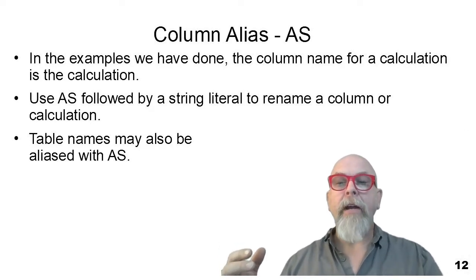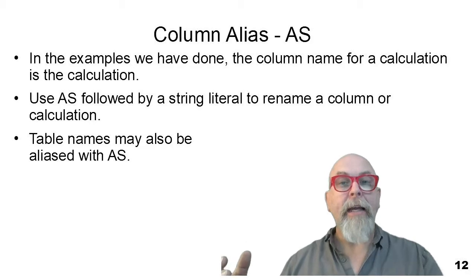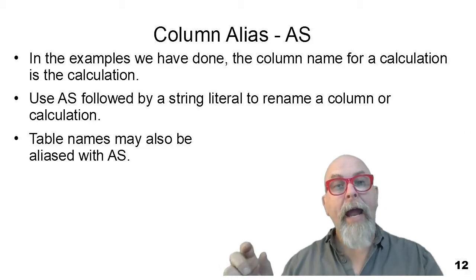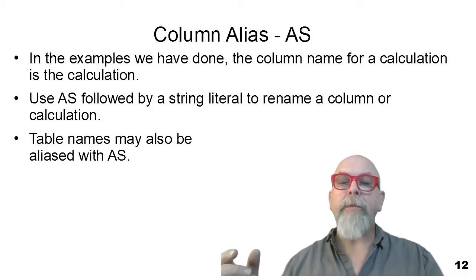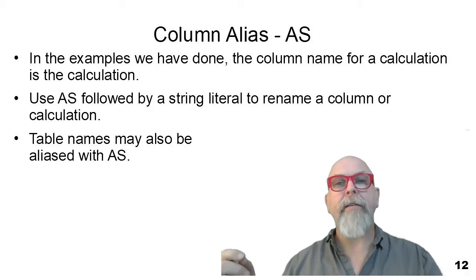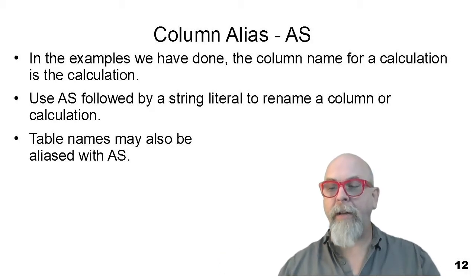We can create something called a column alias by putting the word as and then a string containing a new name for a column after a column name if we want to change the column's name temporarily just for that select, or if we want to put an alias on the calculation so the calculation makes more sense. Table names may also be aliased with as, and we will introduce that in later videos probably.